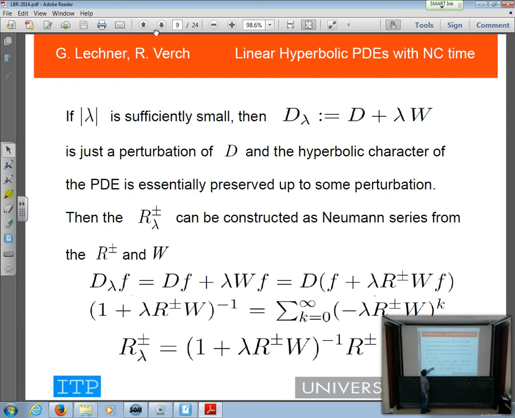So take the operator norm, scale lambda so that the operator norm of everything here is less than 1, and you get a convergent series in the operator norm. This is the value of lambda that you need.